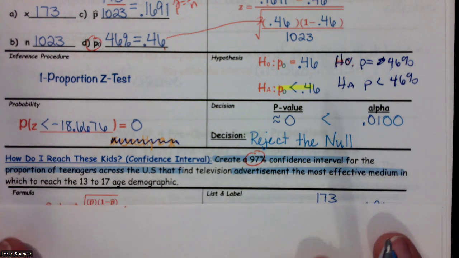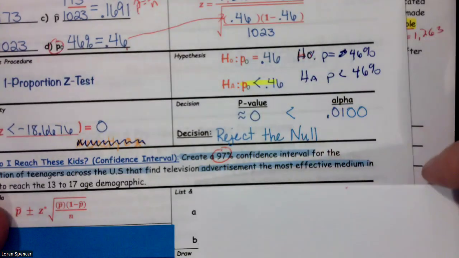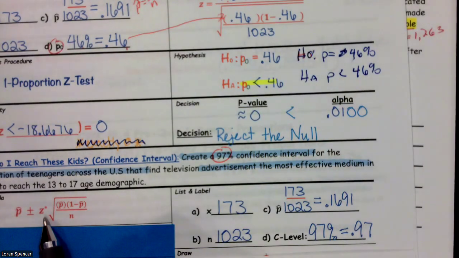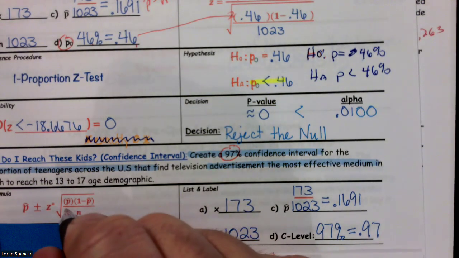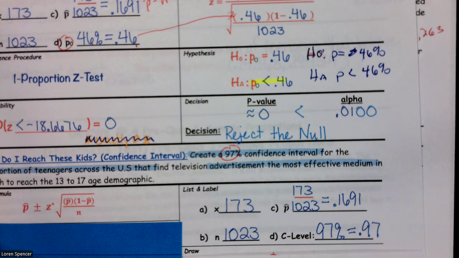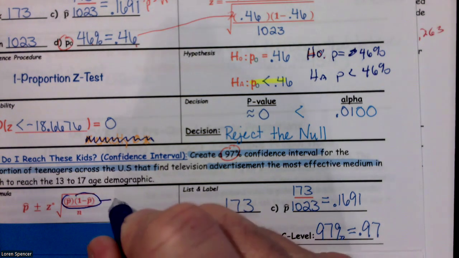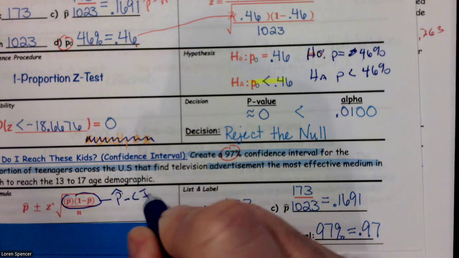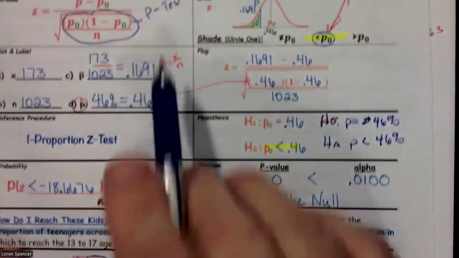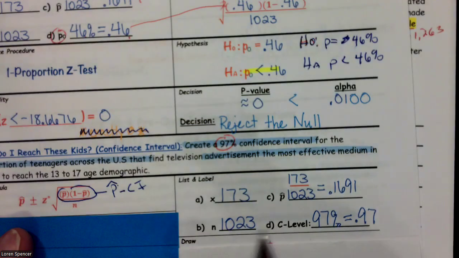So our formula, very simply, p hat plus or minus z star times the standard error, etc. The only thing you need to make note of is, once again, when we're running a confidence interval, it's p hat for confidence intervals. P hat for confidence intervals, P for hypothesis test.